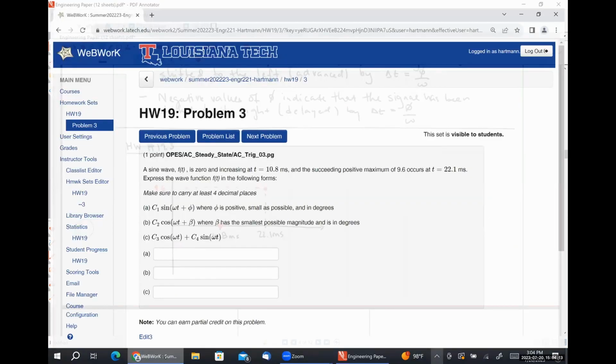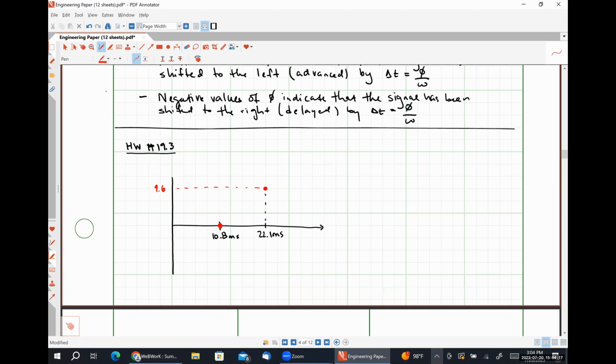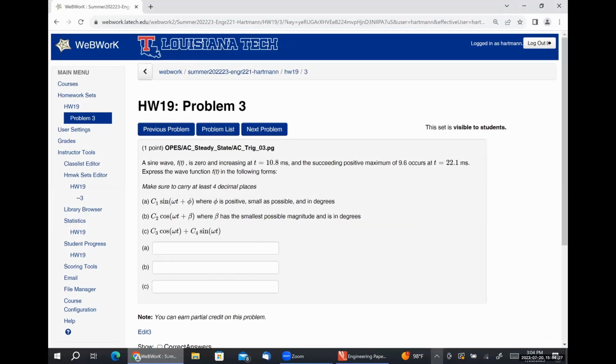Double check the numbers here. Yep. And I'm just going to connect the dots to make it look sinusoidal. So this is the information that we've been provided with, and we need to express the wave function in the different forms. Okay, that's the only information that we were provided.